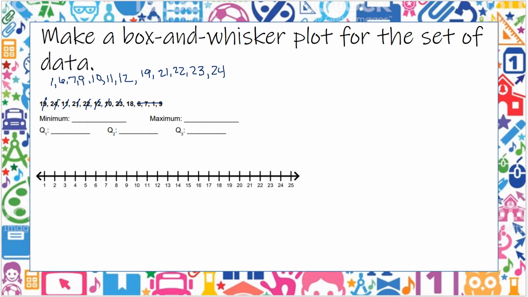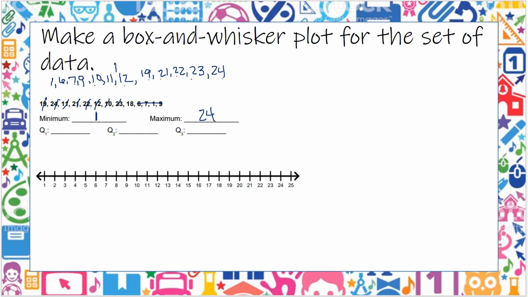So I know that my minimum is my lowest number. My maximum is my highest number. And then I want to divide this data in half. I want to find the median. So I've got 1, 2, 3, 4, 5, 6, 7, 8, 9, 10, 11, 12 numbers. 6.